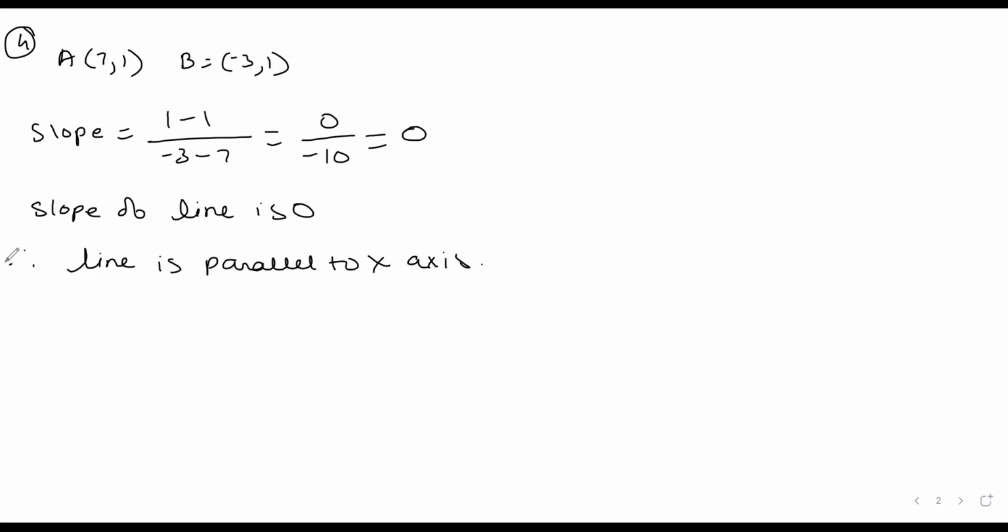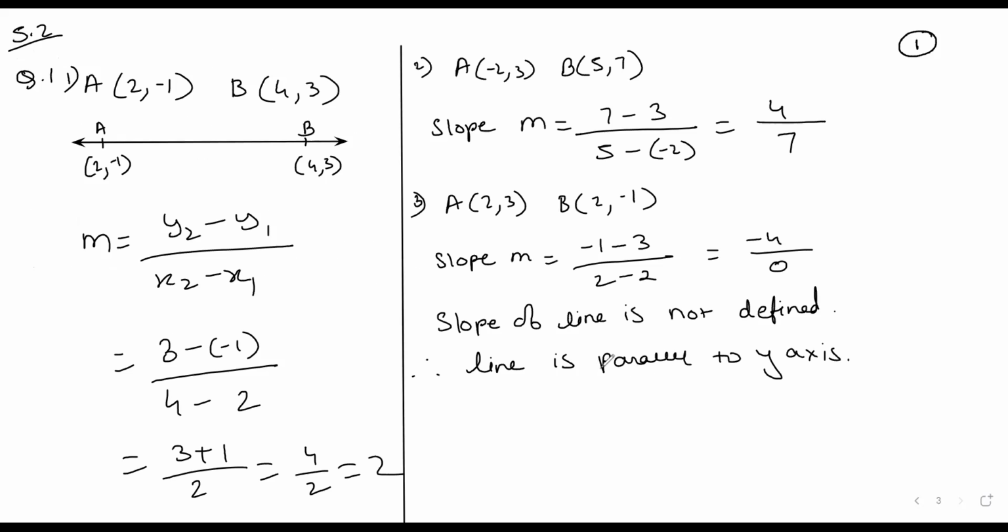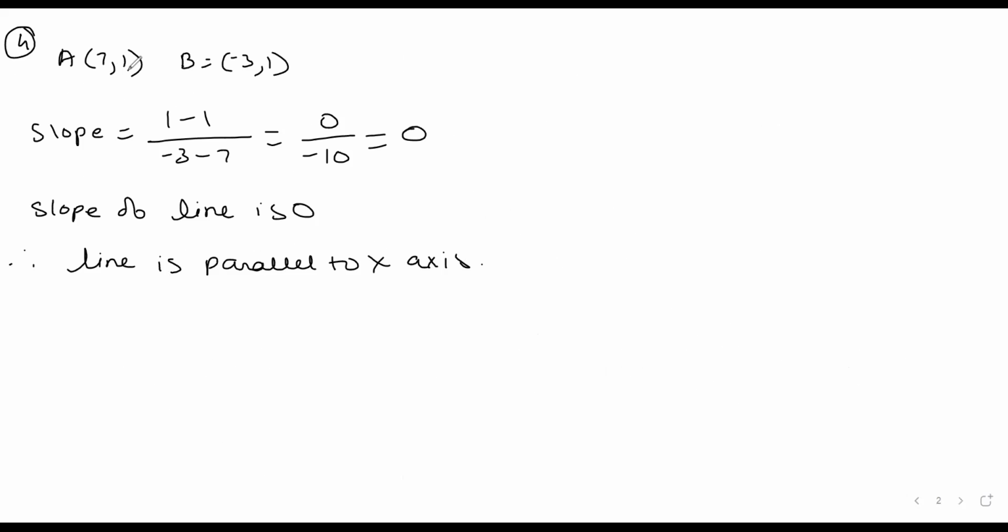So any line whose slope is 0 is parallel to x-axis. Slope of y-axis is not defined. So any line whose slope is not defined is parallel to y-axis. Now see, when a line is parallel to y-axis, x coordinates are the same. When the line is parallel to x-axis, y coordinates are the same. These are some of the peculiarities that you should observe.